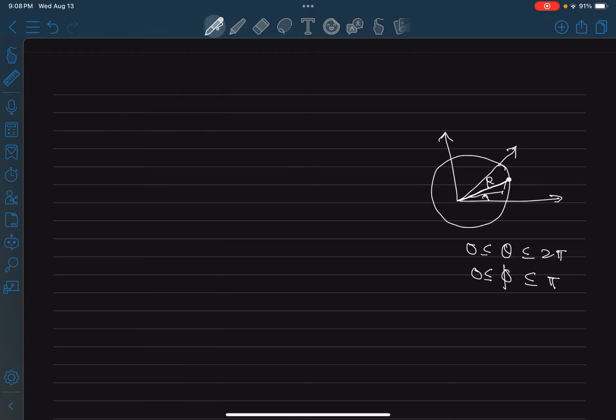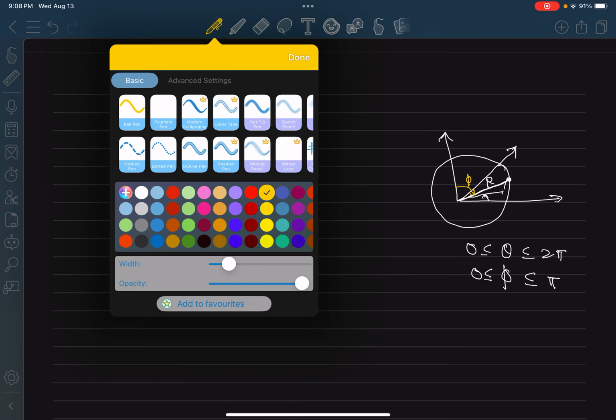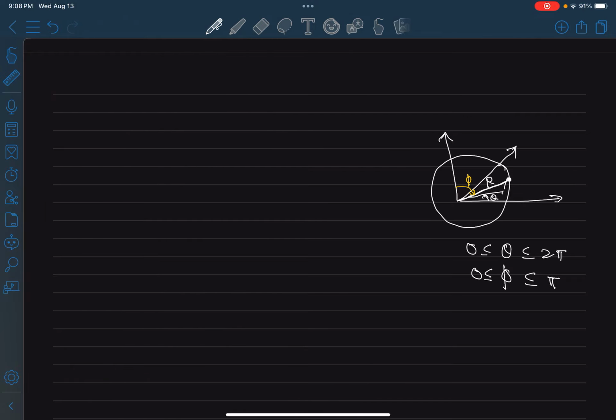This phi is basically the angle from the z axis, and the other thing is theta. So when theta goes from 0 to 2 pi, phi goes from 0 to pi, and rho is just r, the whole surface area of the sphere is covered. We can get any point by these three parameterizations, right?